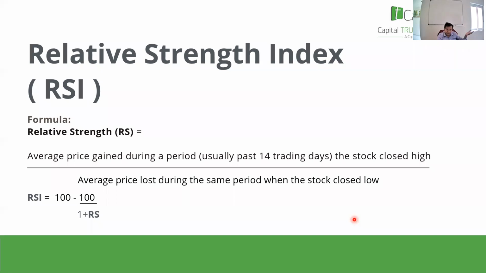So relative strength is the key figure here. RSI is 100 minus 100 over 1 plus RS, where RS is the relative strength. And the relative strength is the average gain during the past period during which the stock closed high, divided by the average price loss.